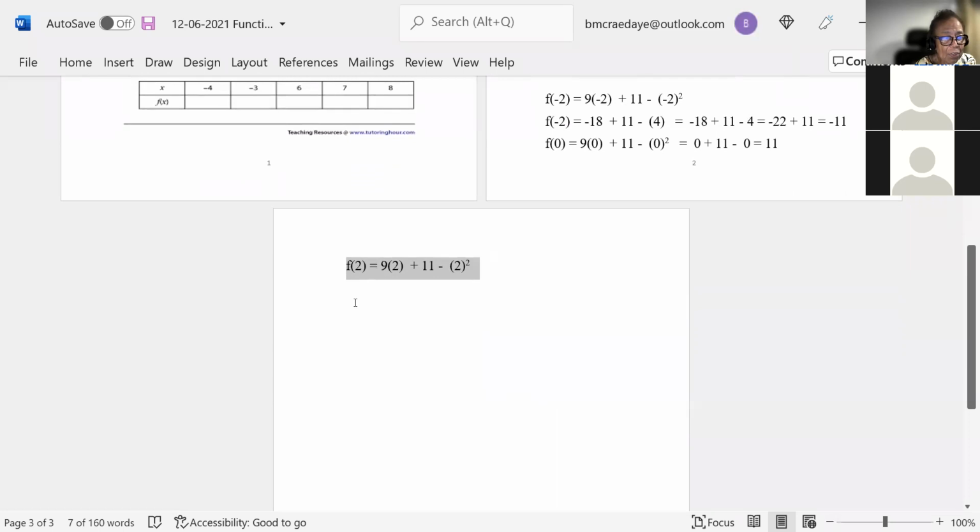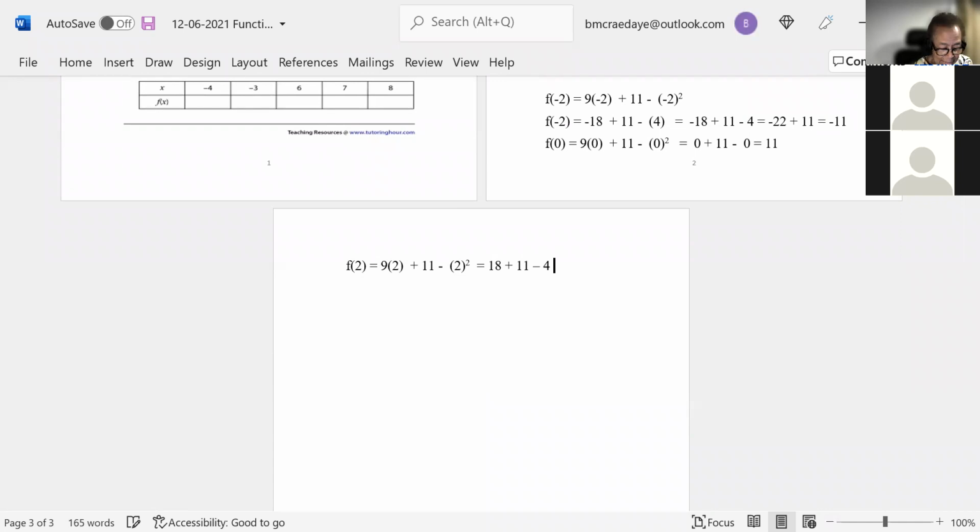Now, what's 9 times 2? 18. Okay, so that's 18 plus 11. So I'm just writing the equal sign here. So 18 plus 11, minus, and what's 2 times 2? 4.